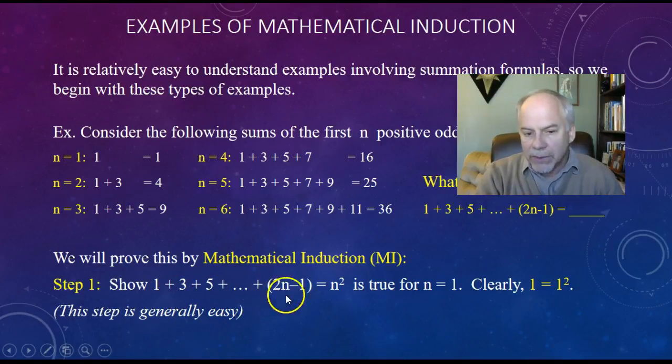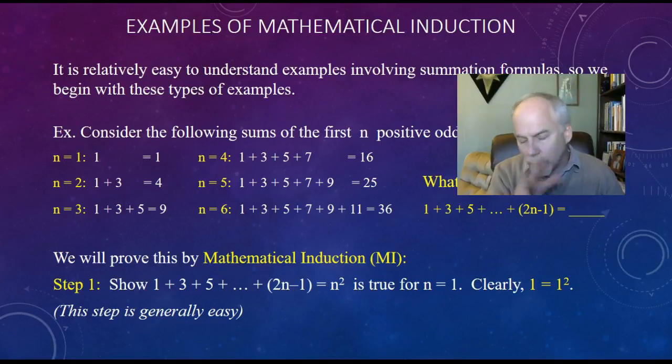Now, some students get confused because the formula has a bunch of terms, like 1 plus 3 plus 5 plus dot dot dot all the way to 2n minus 1. But when you're using the formula for the first 1, 2, or 3 values of n, you don't necessarily have all those terms that are listed.